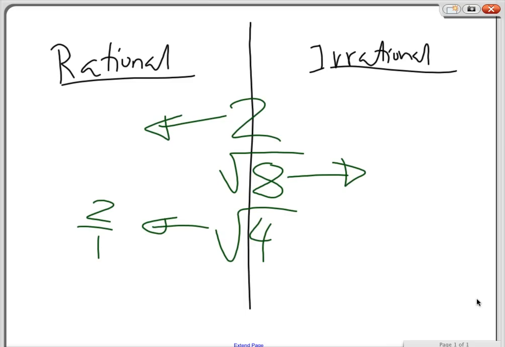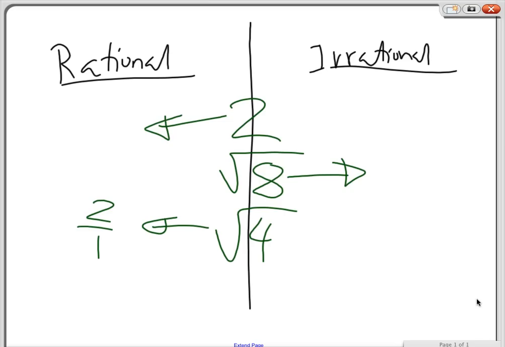Okay, any questions on how to do that? No, it's not both. But I thought irrational was... Think. Irrational, you can't write it as a fraction, right? Irrational is the no fraction zone. The square root of 4 can be written as 2, isn't it? Isn't 2 the same as 2 over 1?